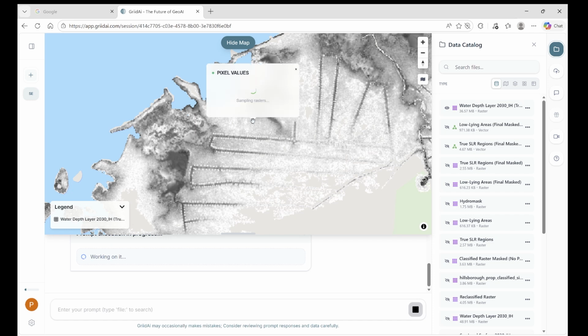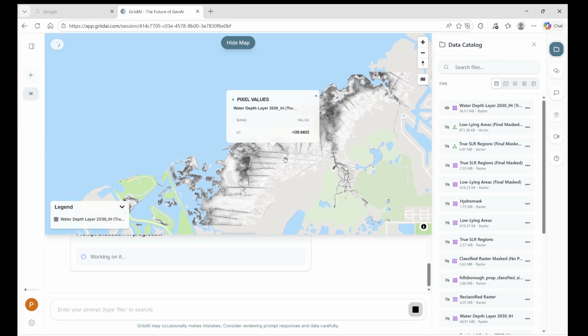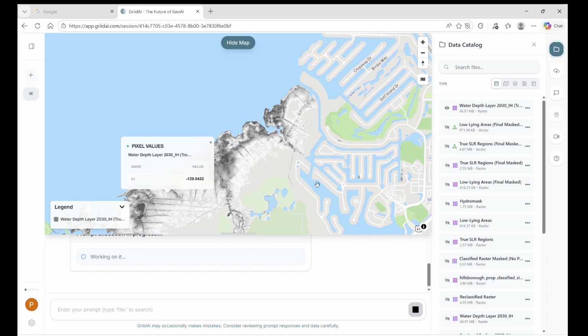So now you can easily see all these regions and what the depth of water level would be in that region. It will be 120 millimeters in those areas. So that's a clear identification of all the true SLR areas that are going to be inundated because of the sea level rise.